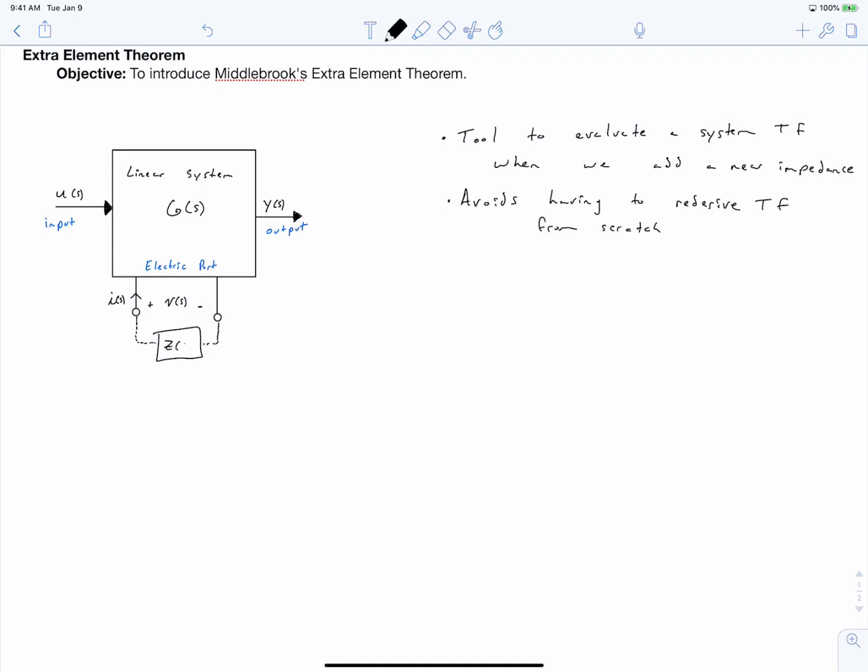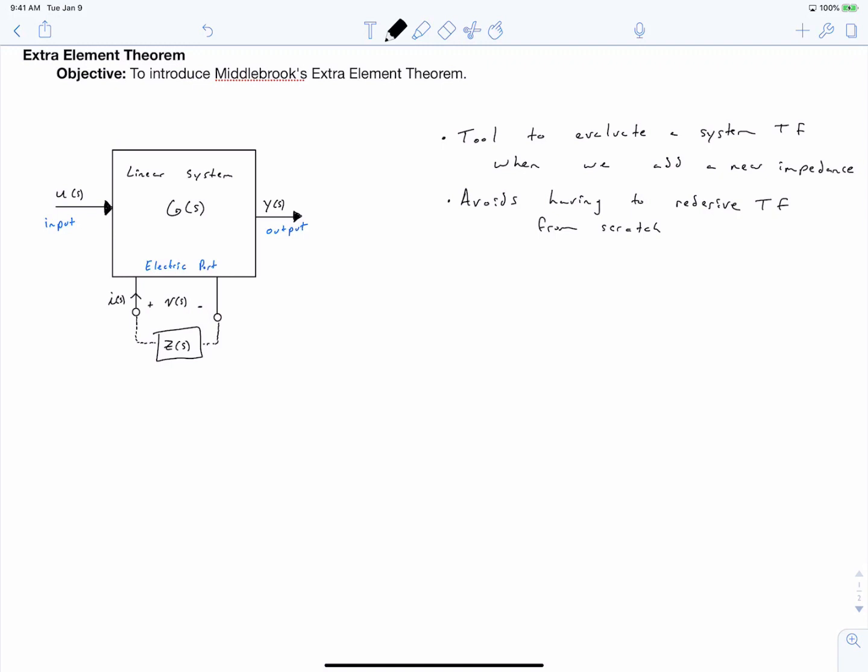And the impedance has a value Z of S. This could be a resistor, it could be an inductor, it could be a capacitor, it could be a combination of all three. And the question again is, how do we calculate our system transfer function? If we know it when we do not have the impedance, what does it become when we have our impedance?